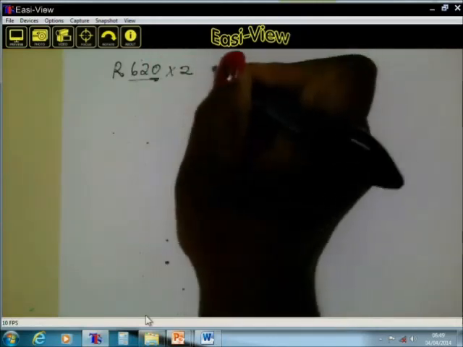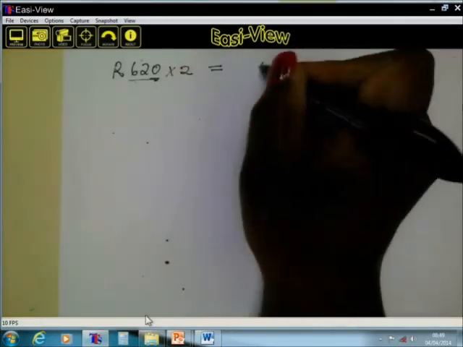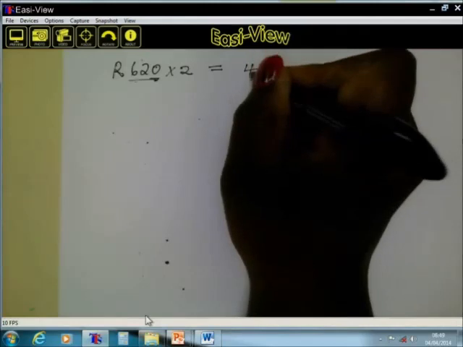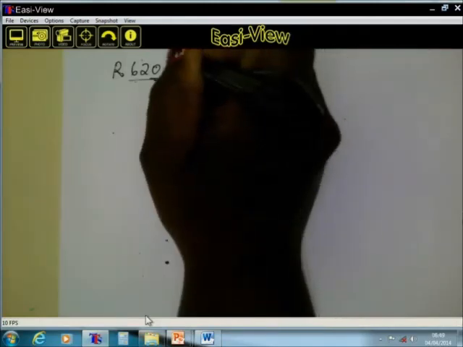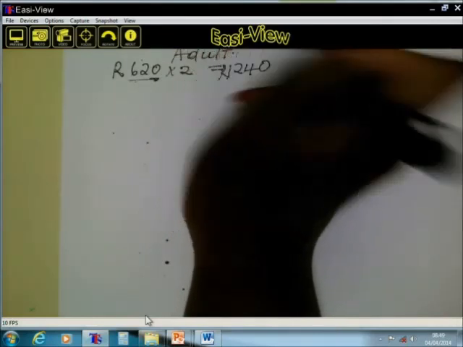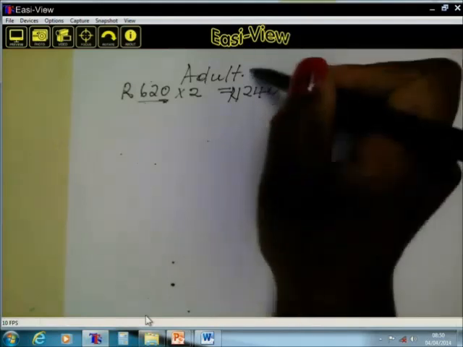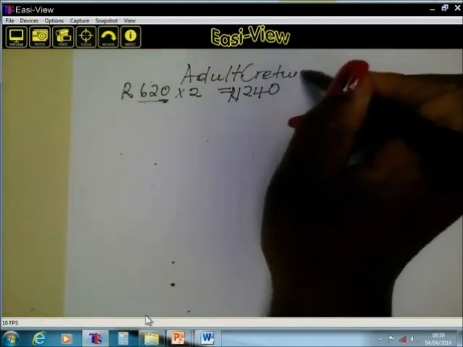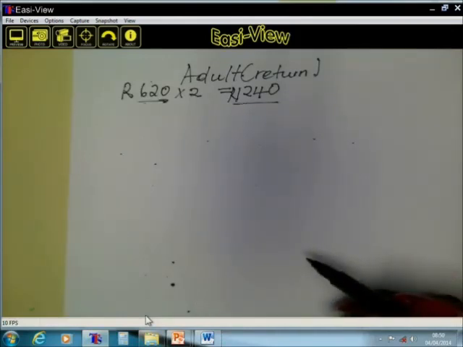So 620 multiplied by 2, that will be 0, that will be 4, and that will be 12. In other words, for an adult to go on this trip, the return trip, 1,240 must be paid. That is for the return trip.